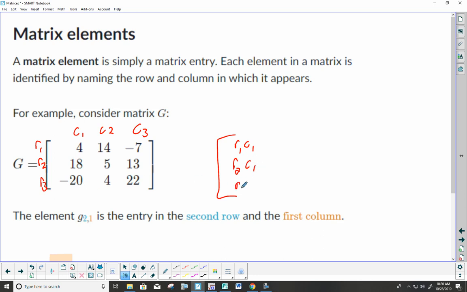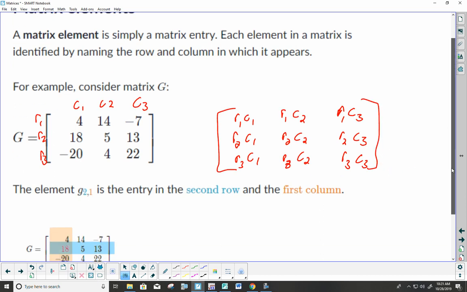Negative 20 is row 3, column 1. The 14, row 1, column 2. The 5, row 2, column 2. And the 4, row 3, column 2. The negative 7, row 1, column 3. 13, row 2, column 3. The 22 is row 3, column 3. So those would be all the elements that are in that matrix.